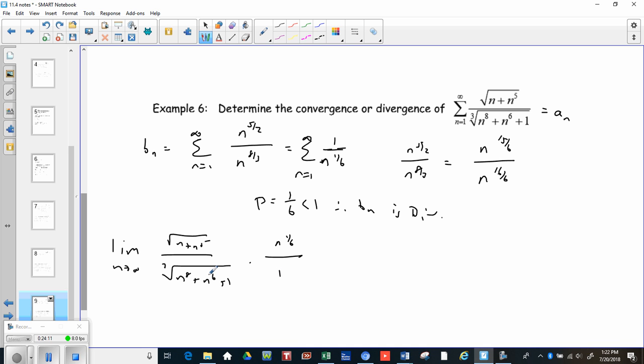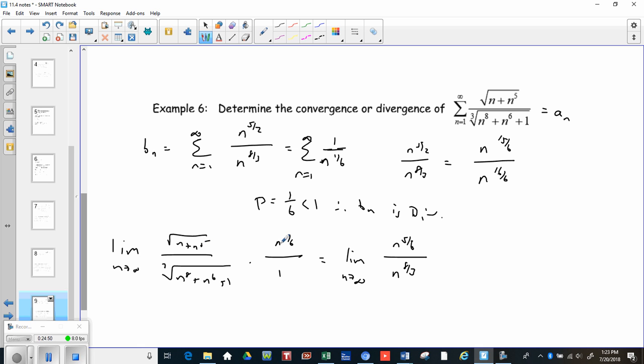So what we get here, the dominant term here is going to be n to the 5/6. The dominant term here is n to the 8/3. That's not right.